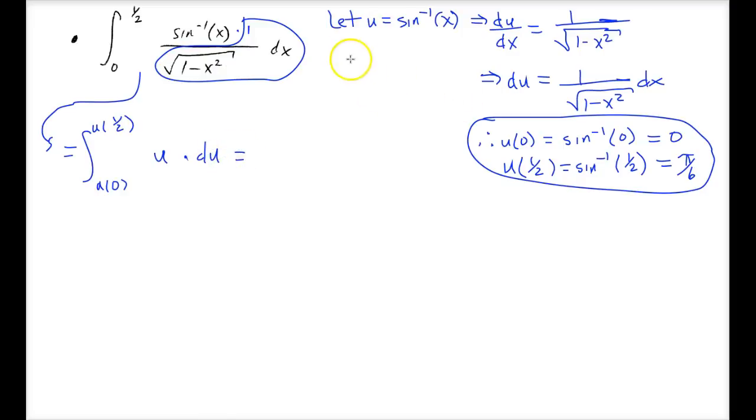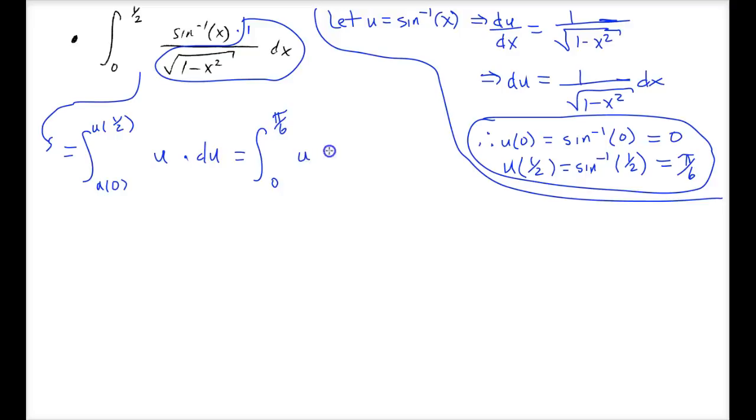Of course, pretty easy now. Let's get some separation here. And we know that u sub 0 is just equal to 0. U sub 1/2 is pi over 6. U times du.